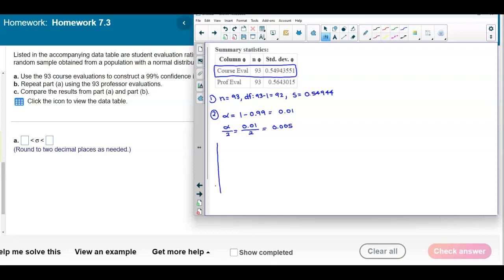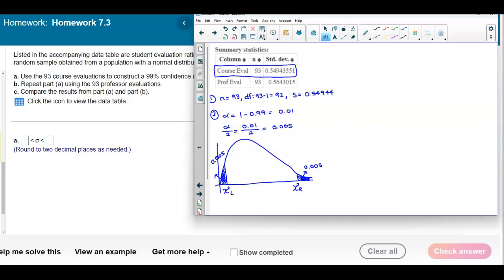When we want to find the critical values for the chi-square distribution, which is skewed right, in both tails we're going to have an area of 0.005. So this is the chi-square critical value on the left, and this is the chi-square critical value on the right.